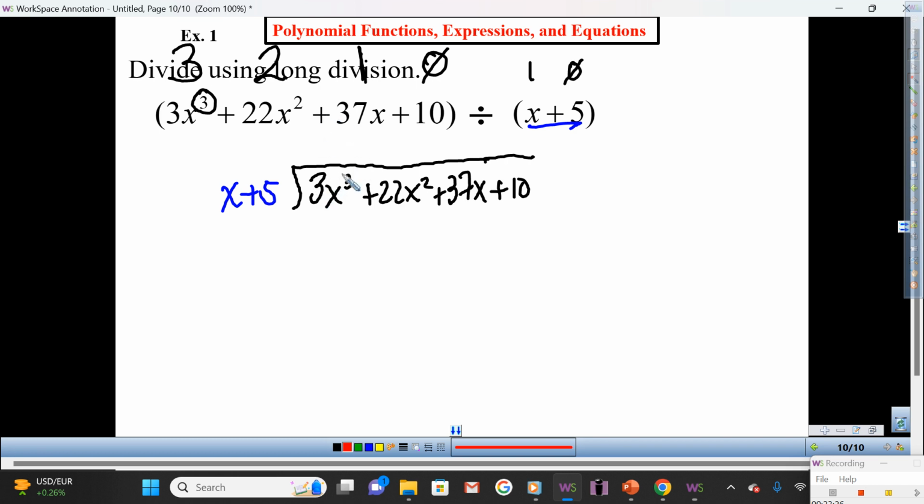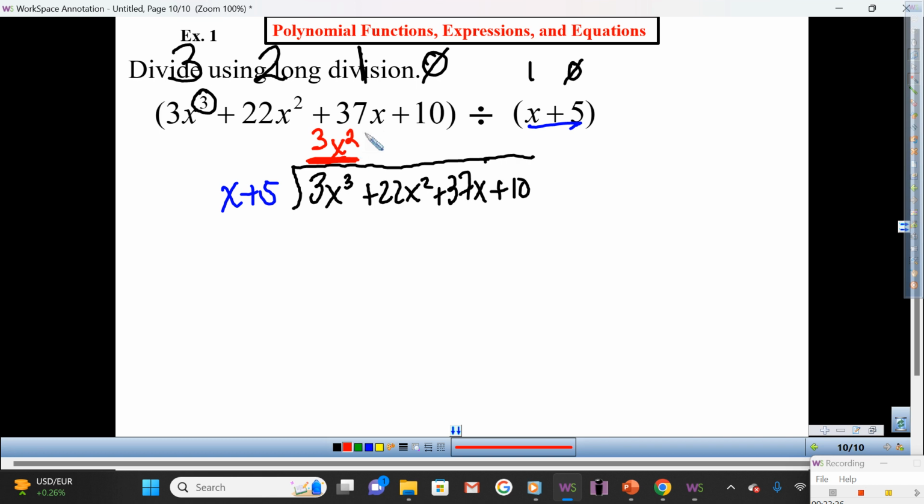All right. Question. What number times x gives me 3x cubed? Don't say it out loud. Think about it. What number times x gives me 3x cubed? All right, that number is 3x squared.